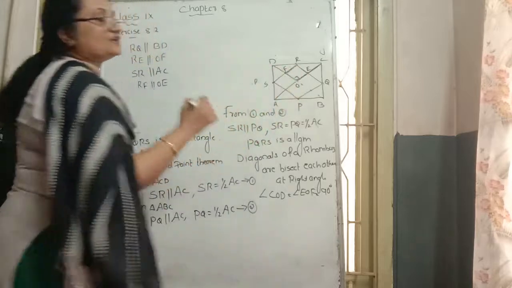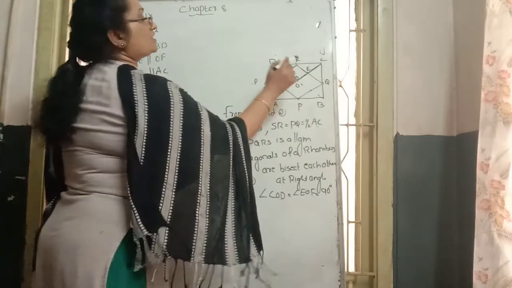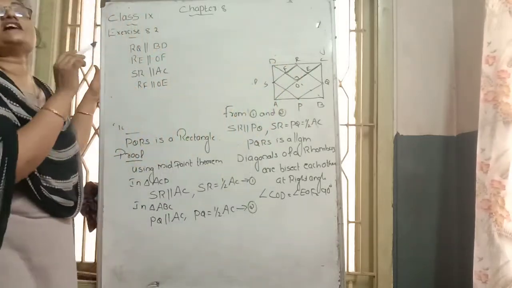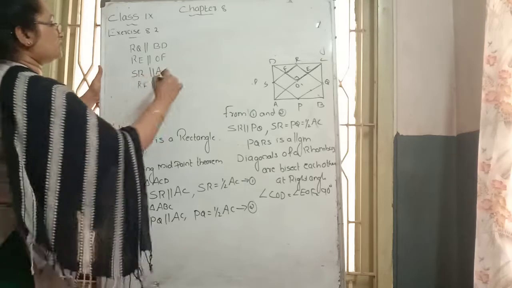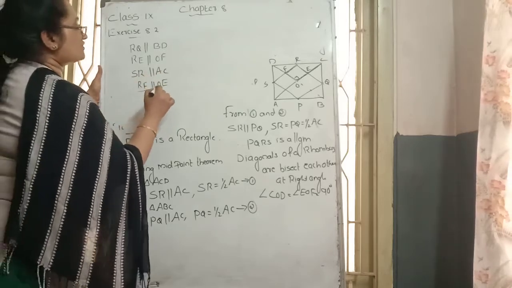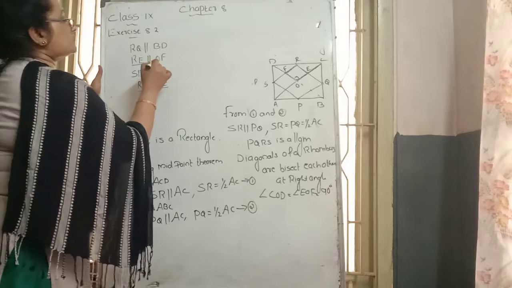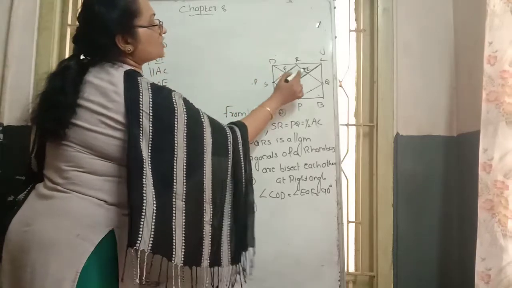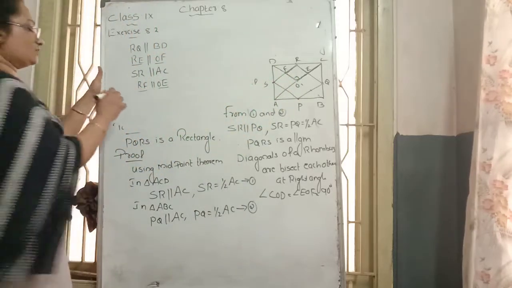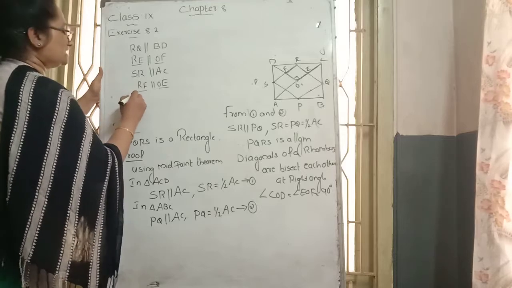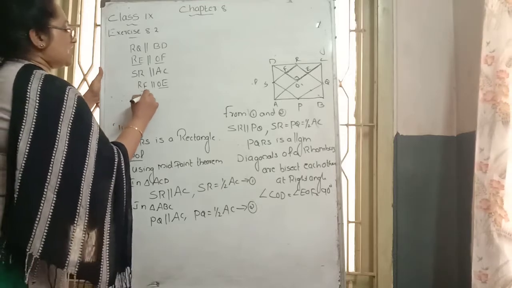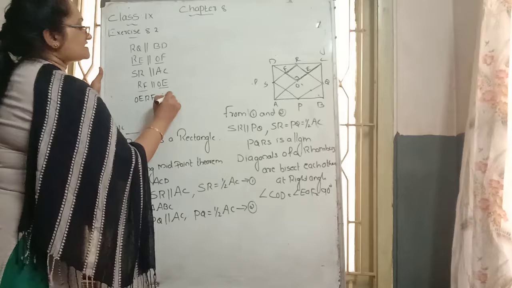This figure, which we represent as OERF. RF and OE are opposite sides. So here we prove that RF and OE are parallel, and RE and OF are parallel, meaning the opposite sides are parallel. Hence we proved that OERF is a parallelogram.